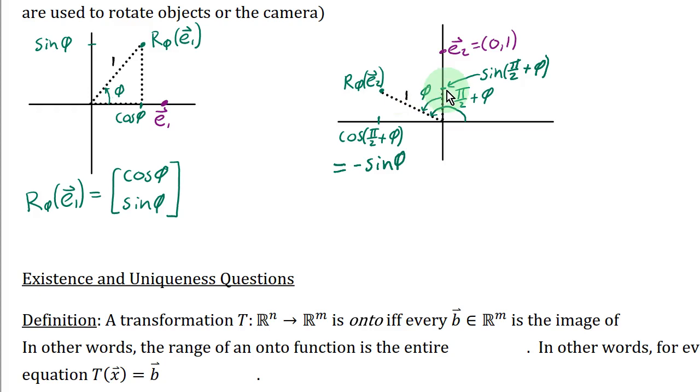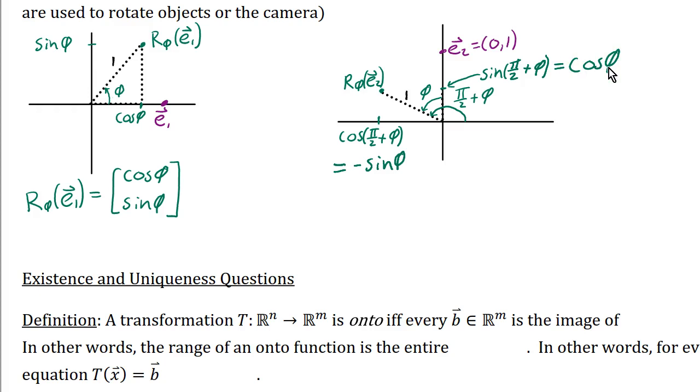So when finding this x coordinate, it should make sense that it's related to sine of that angle, because sine is usually about the opposite side. And the sine of pi over 2 plus phi, the y coordinate, should have to do with the side adjacent to phi, and the identity is that sine of pi over 2 plus phi is just equal to cosine of phi.